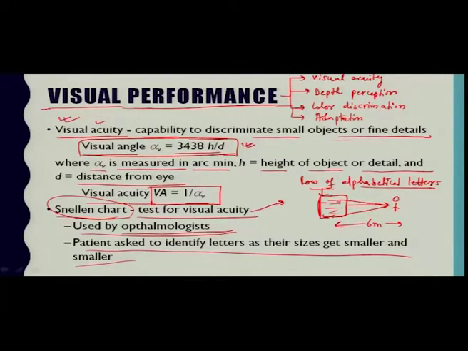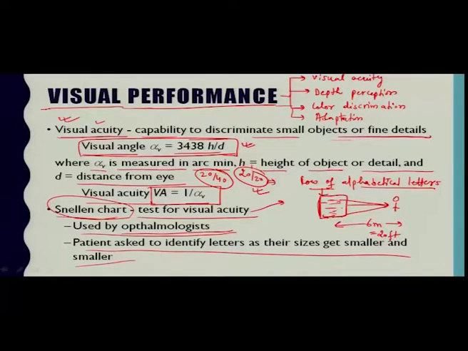This Snellen acuity is expressed as a ratio. For example, if it is 20 by 40, it has some meaning. If it is 20 by 20, it has some meaning. If 20 by 20 comes, it indicates normal vision, which corresponds to a visual angle of 1 arc minute at 20 feet, and basically this 6 meter is the 20 feet.